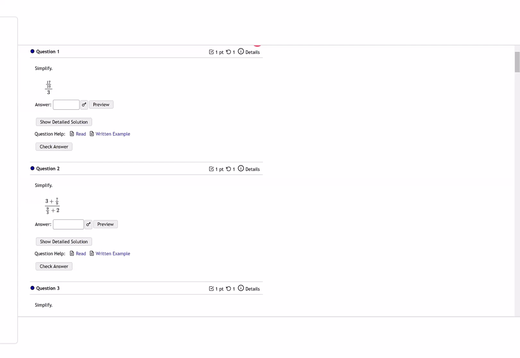Hi, everybody, and welcome. We start with 17 divided by 10. That's in our numerator, divided by 3. And this is really the same as 3 over 1, which is equal to 17 tenths divided by 3 over 1.